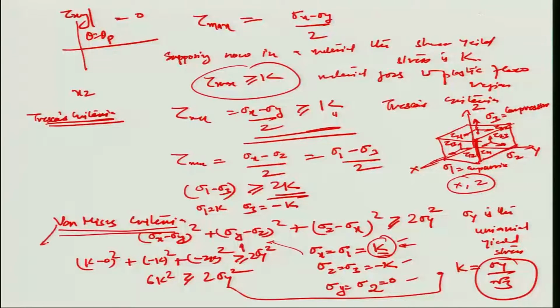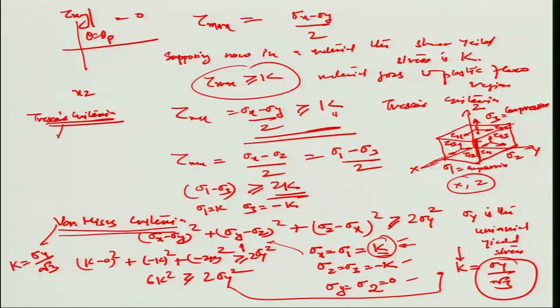So that is what von Mises criteria says, that the maximum value of k should be at least equal to the yield value divided by root 3 for the plastic flow to happen.